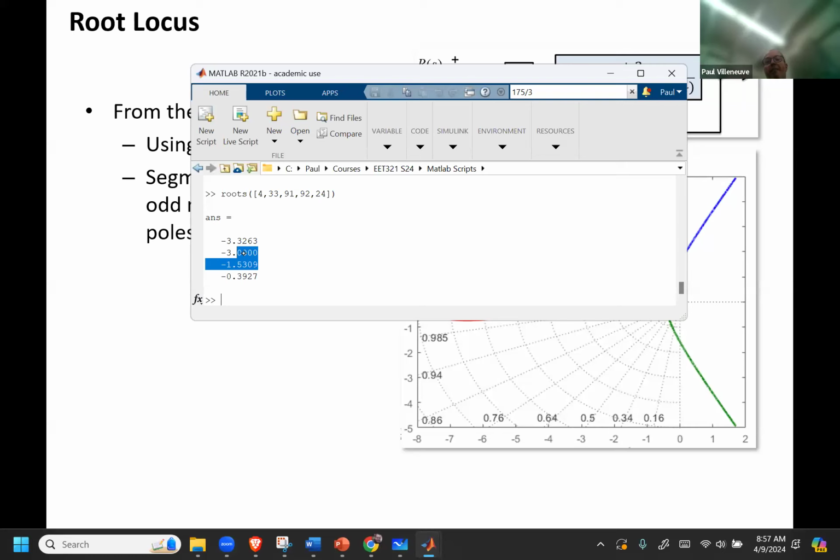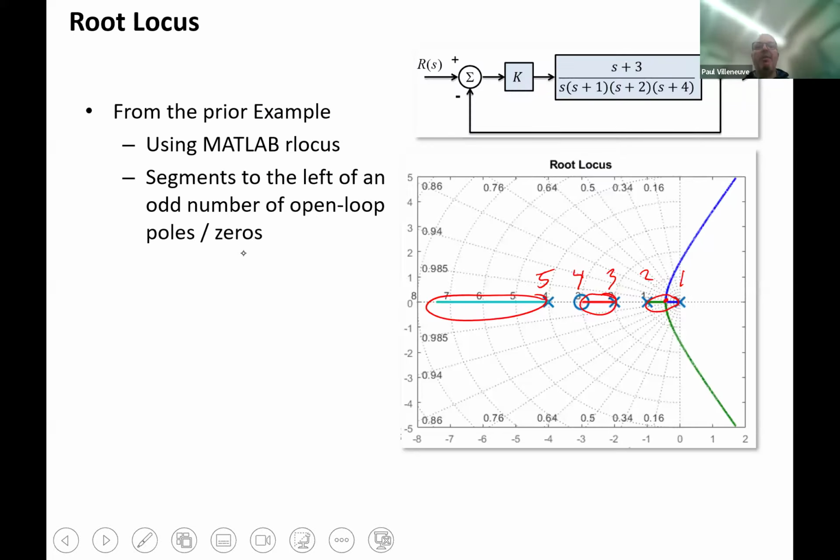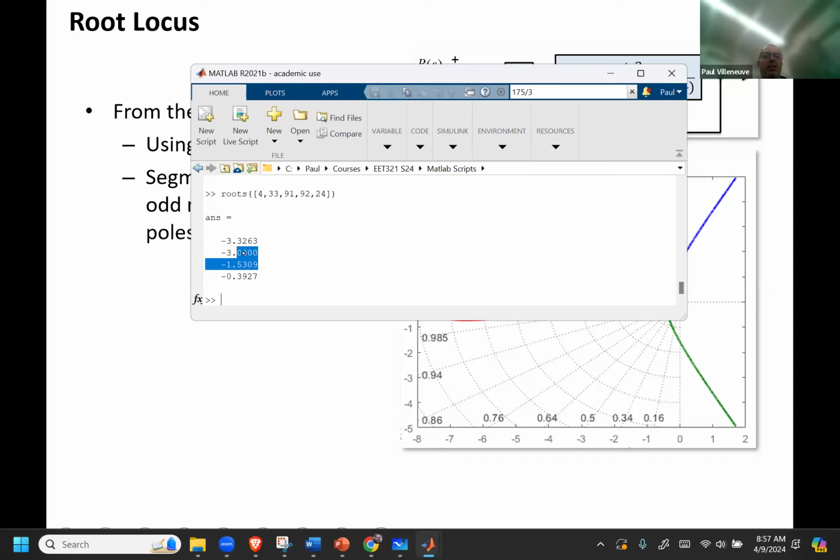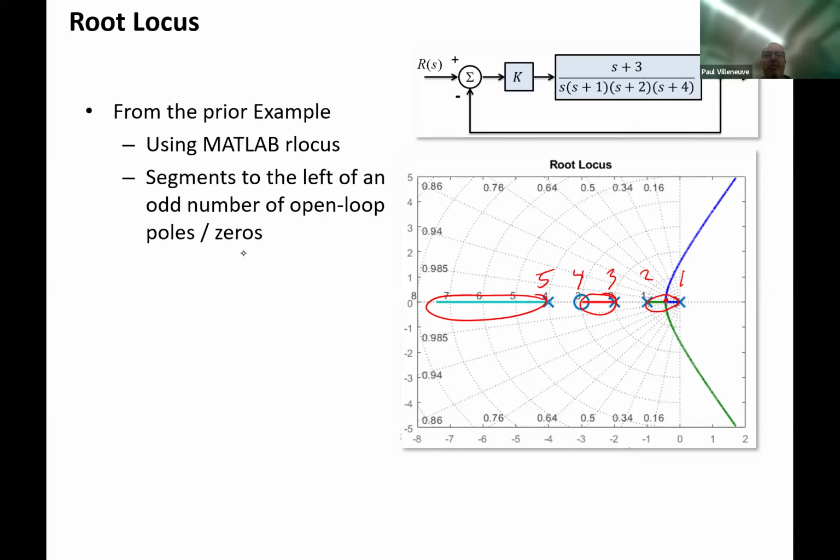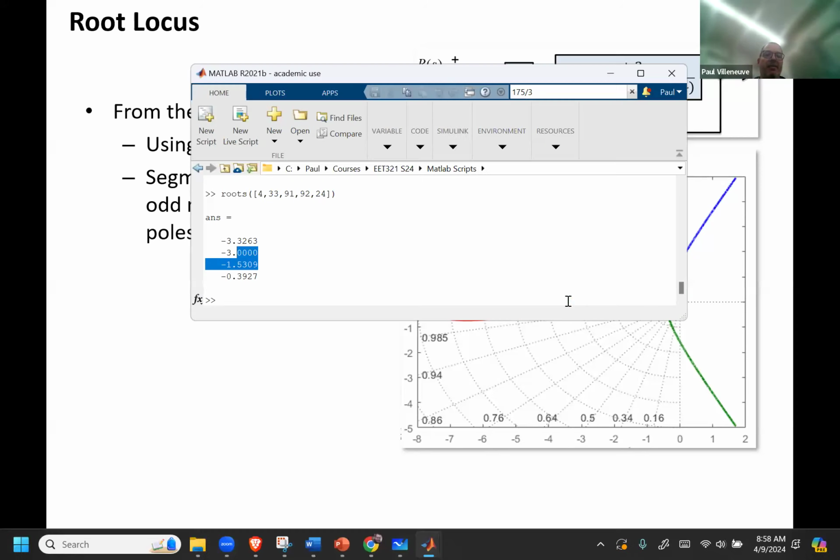Because where I'm breaking away has to be between 1 and 2. It's not going to be minus 0.39 because that's not valid. It's not going to be 3 or minus 3 because those are over here. So the only valid one I have is minus 1.5309.